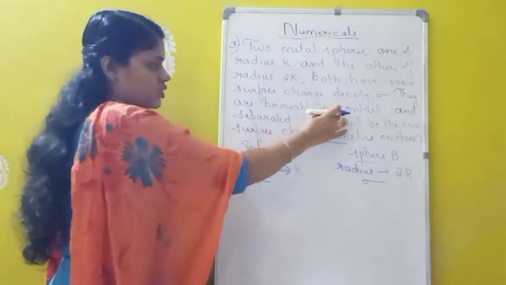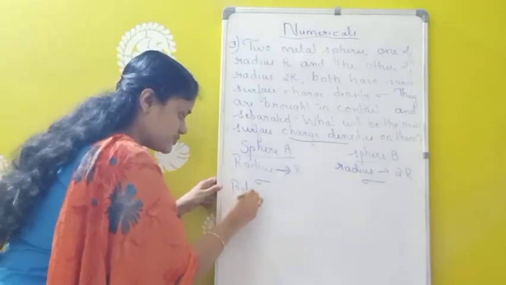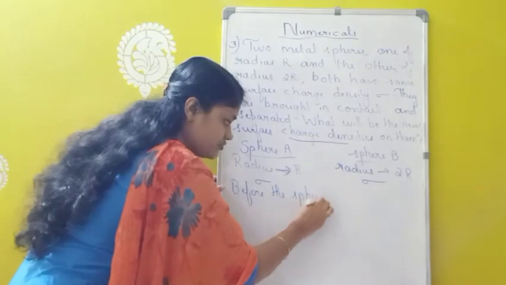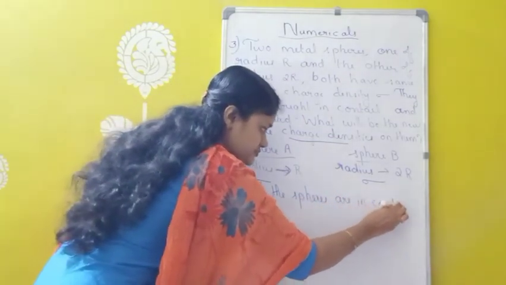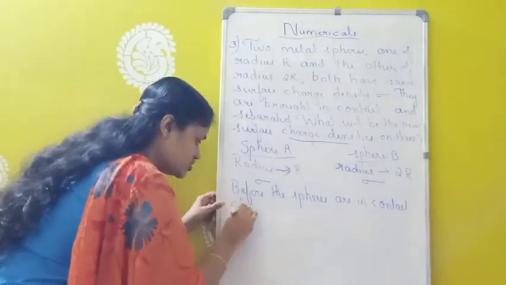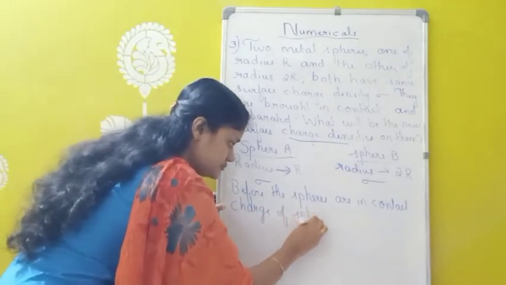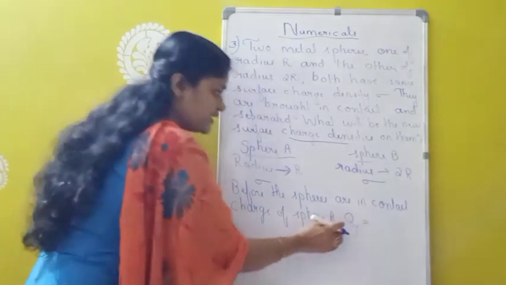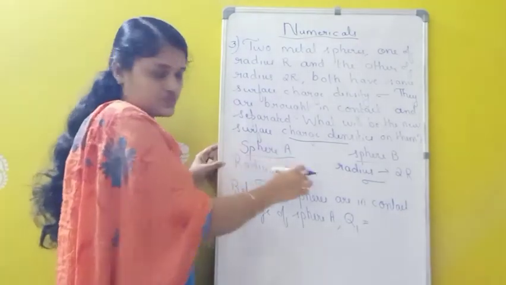They are brought in contact and separated. First I am writing before contact. Before the spheres are in contact, suppose Q1 is the charge of sphere A. How will you find charge in terms of surface charge density?